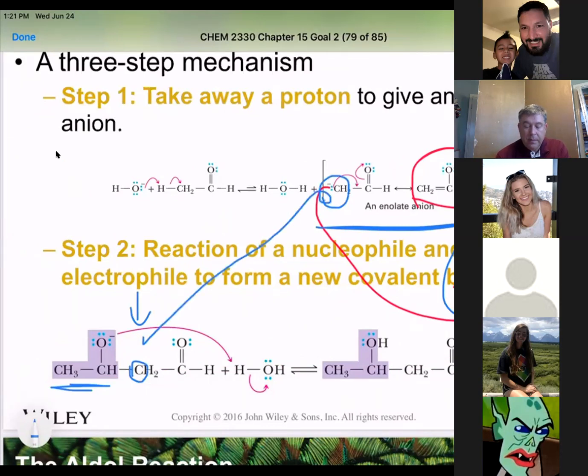And so the intermediate is this charged species. Then this can act as a base and deprotonate something like water and regenerate our neutral species. And this is, of course, our alpha carbon, and so this is our beta carbon. So this is our beta hydroxy ketone.